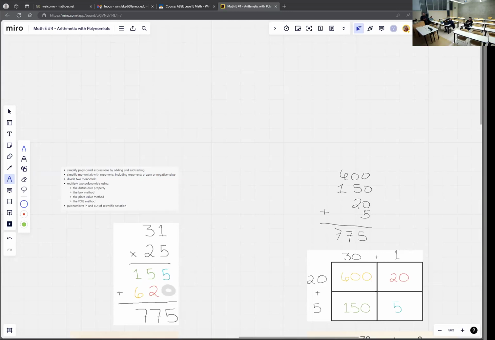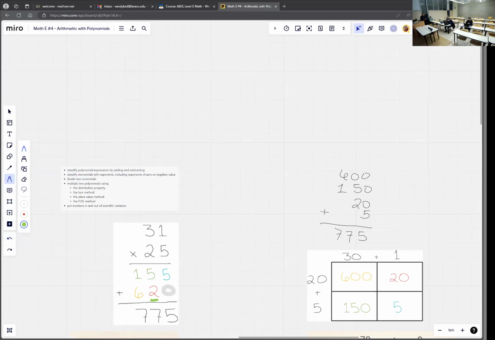My color coding shows you how those are the same thing. This blue 5 of 1 times 5 is the same blue 5 as 1 times 5 over there. And this green 150 is the same as this 150, 30 times 5. We're kind of hiding the 0, but it really is 150, not just 15.